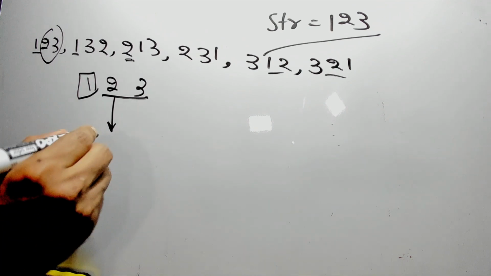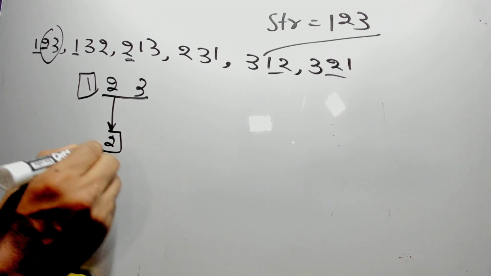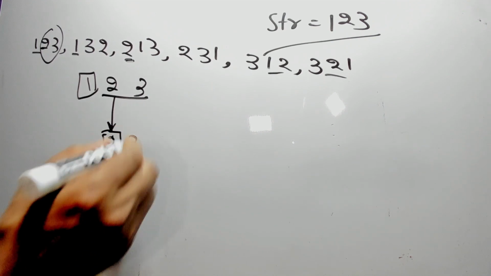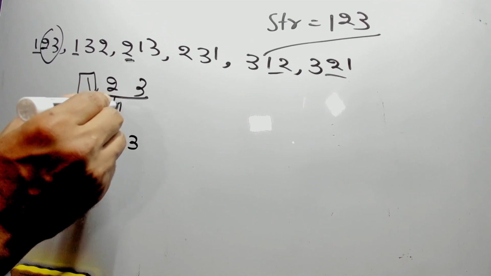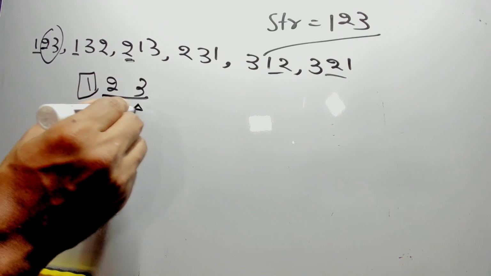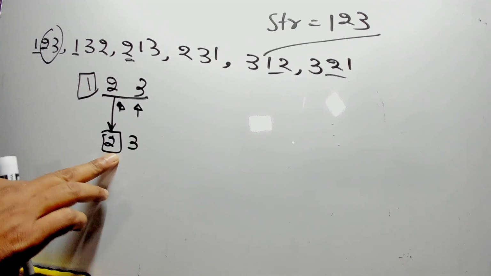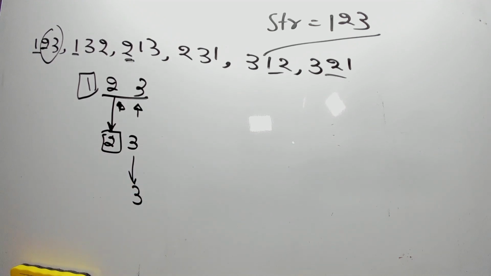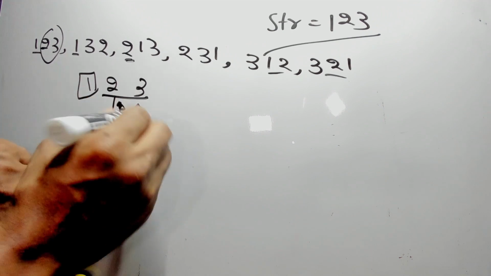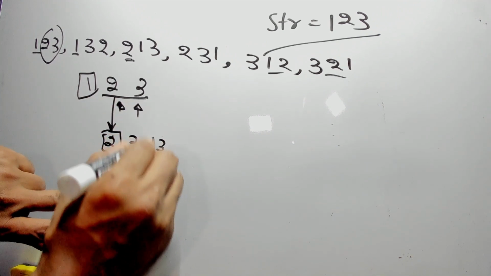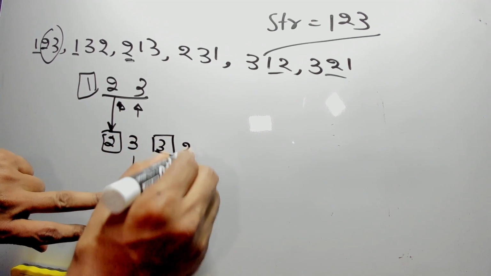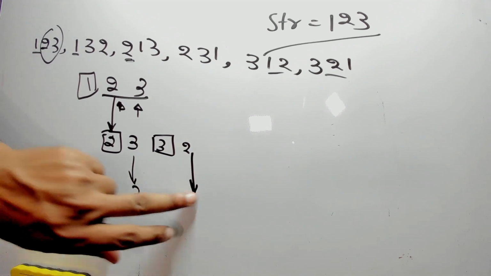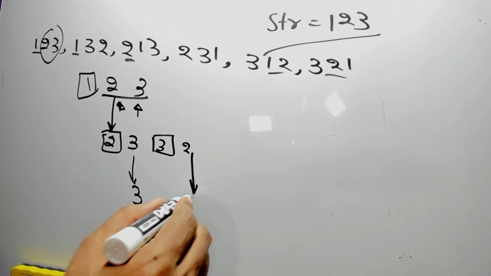So 2 will remain constant and 3 will go, because we're going to loop through 2 and 3 here. So 2 will become constant, 3 will go in, again fed to the same method, and here 3 will remain constant and 2 will be fed to the same function, right?